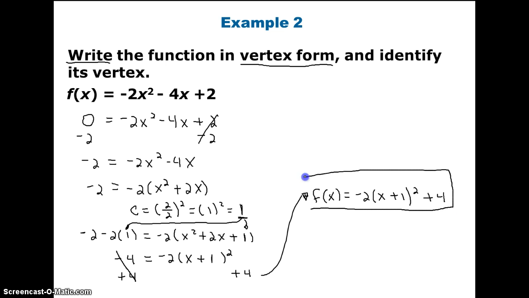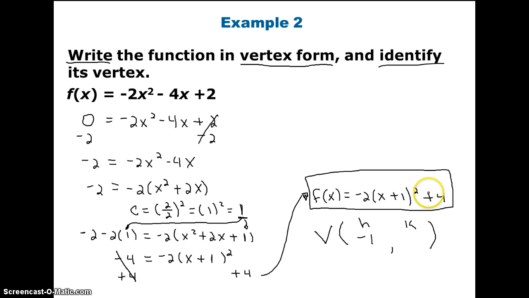Now, we do want to identify the vertex. So I'm going to put a V for vertex. And to find the vertex, we just need h and k. So when you have the vertex form, the number inside of the parentheses is h. Make sure you change the sign. So negative 1.